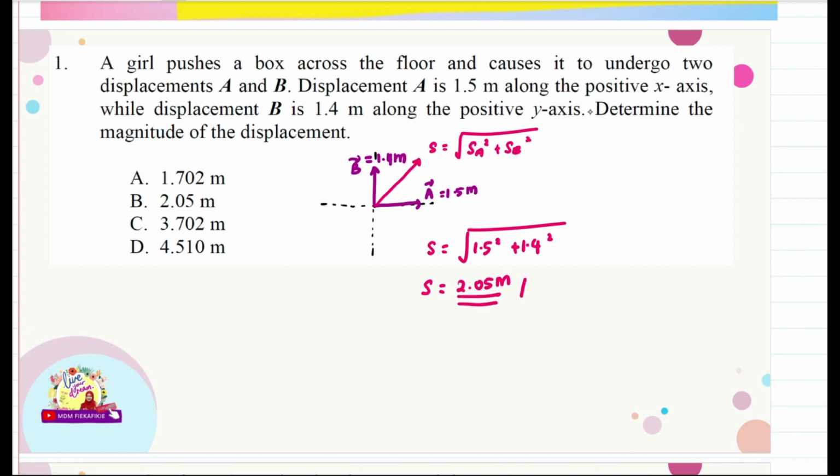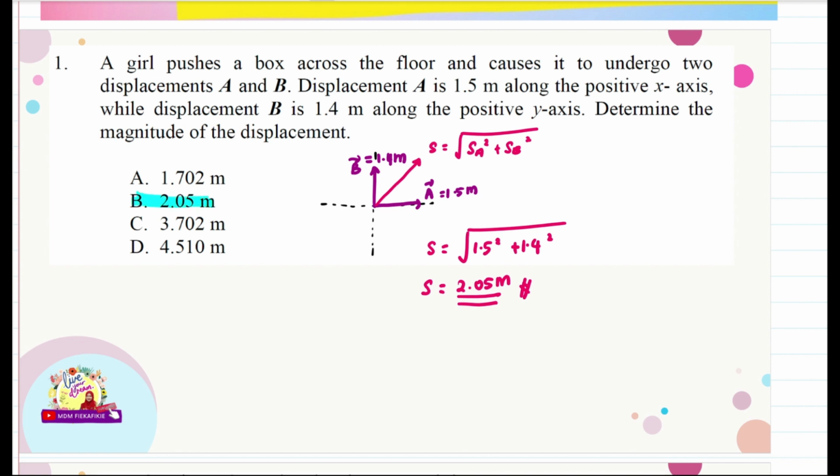Okay, so kalau you salah buat, tolong check. So this is displacement, so dia adalah vector. So we need to find the resultant value for the displacement. Sebab soalan tanya ni kan, determine the magnitude of the displacement. So the answer is 2.05 meter. Okay, so the answer is B.